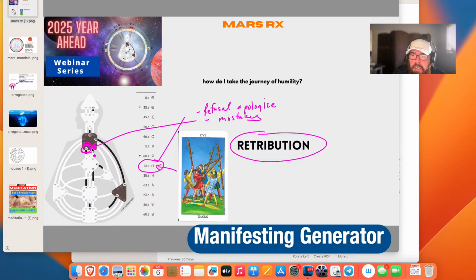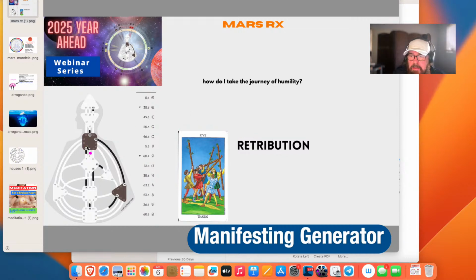So you're either dealing with somebody, right, who has this 31 that takes no accountability, that refuses to apologize, right? Maybe they blame you, they scapegoat you, they project onto you. It's your fault. You made the mistake. That could be happening. They could shut you down, right?